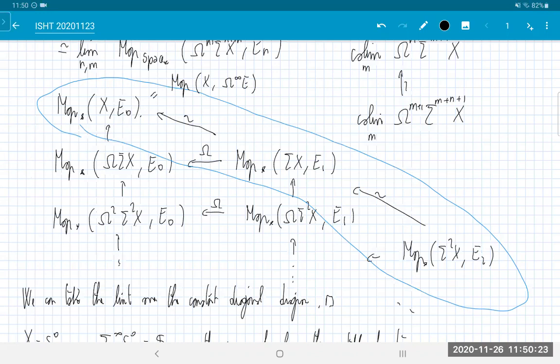And I'm claiming that I can take the limit of this big diagram by just taking it on this subdiagram here, where it's just a constant diagram. That's because every element in this big poset here is dominated by some element in this subdiagram.